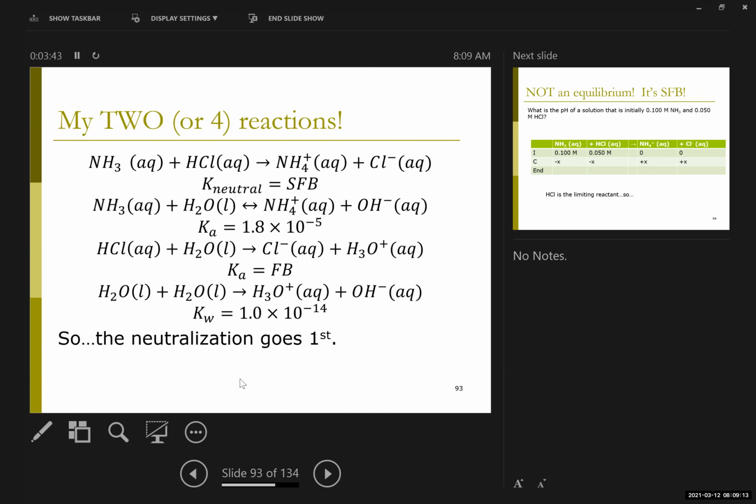Because when I calculated the K for neutralization for that top reaction, it's actually 2 billion times bigger than the Ka of HCl. They're both friggin' big. They're both going to go to completion, but even in the case of frickin' big, I still solve them in order of biggest to smallest.